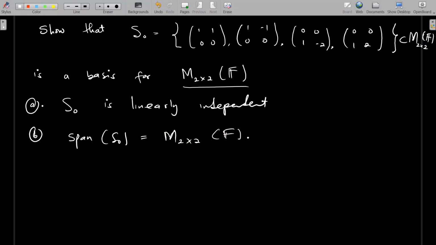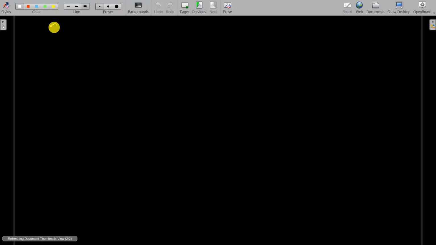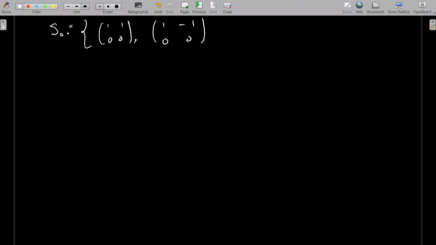Okay, so to start with, the first thing I'm going to do is to show that S naught is linearly independent. And already we know S naught to be the vectors, as matrices, [1, 1; 0, 0], [1, -1; 0, 0], [0, 0; 1, -2], and [0, 0; 1, 2], right?